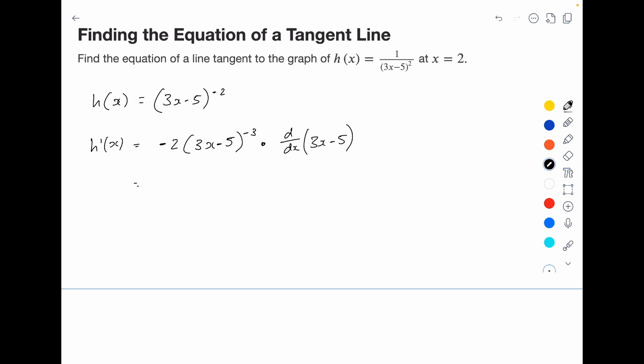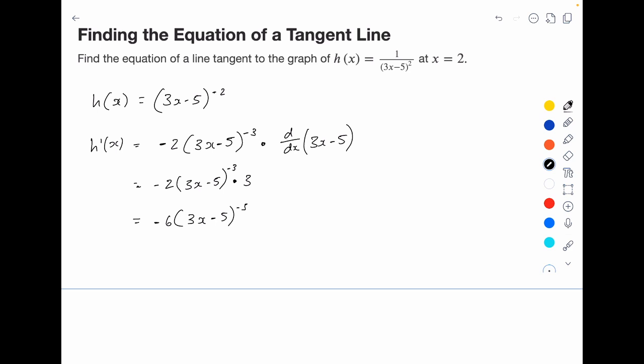Okay, so therefore, h dash of x is going to equal minus 2 times 3x minus 5 times 3, okay, which gives me minus 6 times 3x minus 5, okay, and that should be to the power of negative 3.